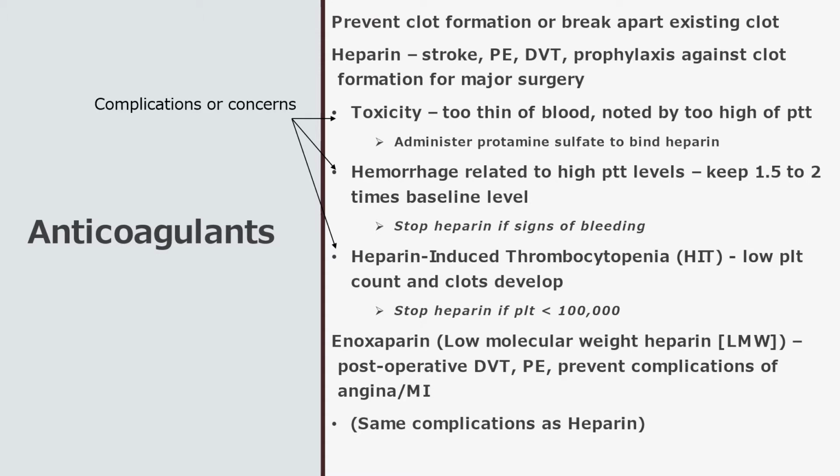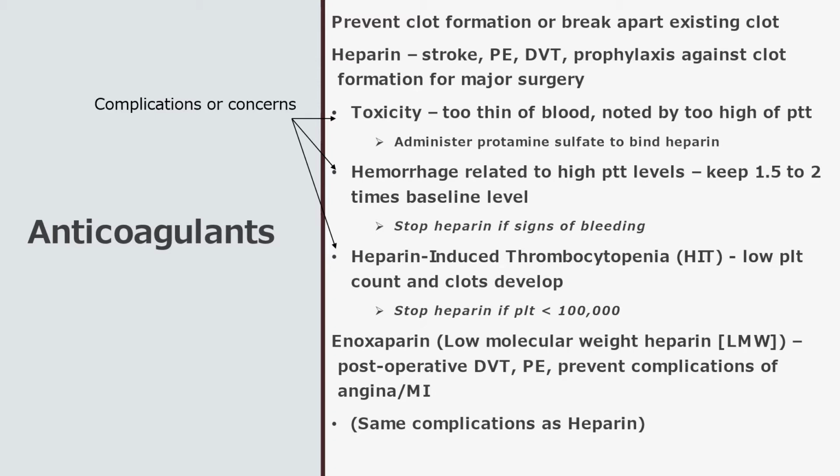And so if your baseline level, say, is 2, then 2 times 2, I want it therapeutic to be 4. So whatever the baseline level is, 1.5 to 2 times is going to be the therapeutic expectation, as long as the baseline is considered normal.